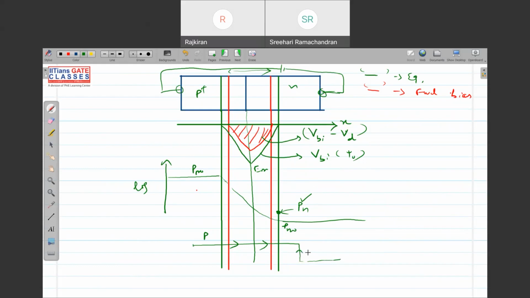These are the electrons. Let me draw another color. Since there are more number of holes in the N side, this contact will give the equal number of electrons so that they will go and recombine with the holes.